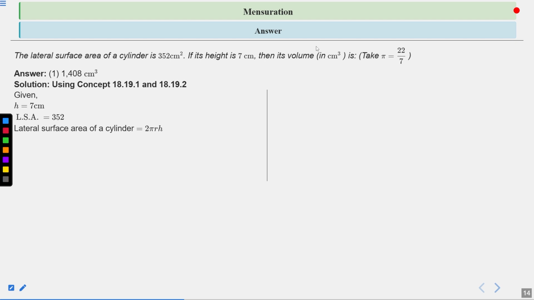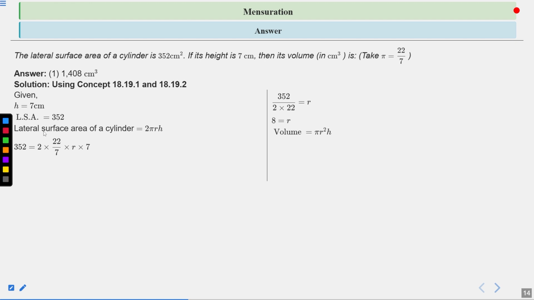So when we compare, we get 352 equals 2 into 22 upon 7 into r into 7. Height is given, which is 7 centimeter. So 7 will be cancelled out, and dividing 352 by 2 into 22, we get the radius. So the radius equals 352 upon 2 into 22. Now when we divide it, we get the radius, which is 8 centimeter.